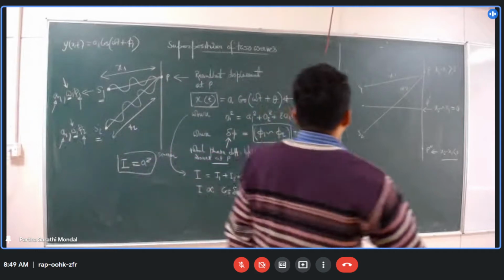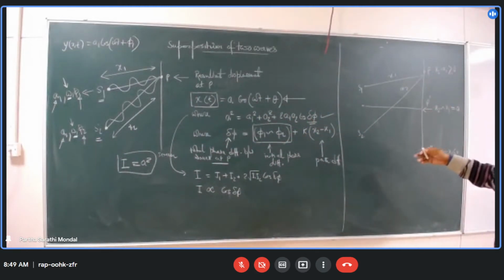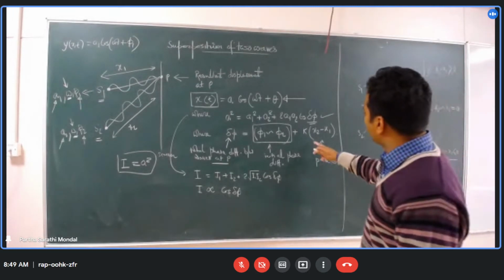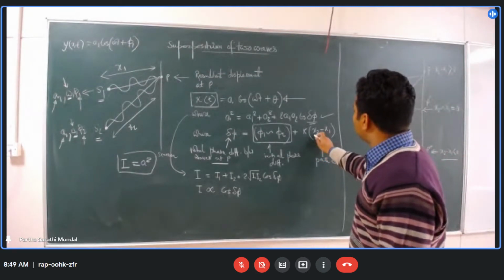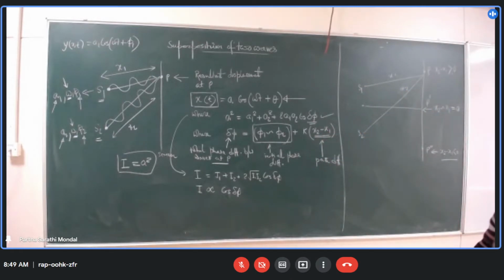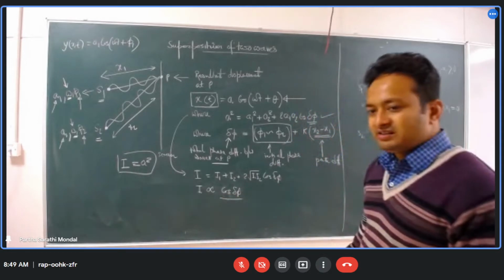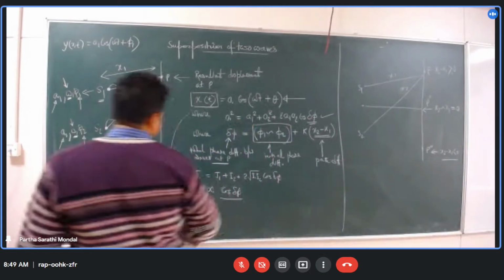Now if I move on the screen from one place to another, what we are actually doing is changing the value of x2 minus x1. So the value of cos delta phi will change, which means the intensity will change.